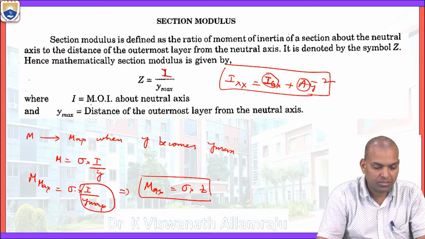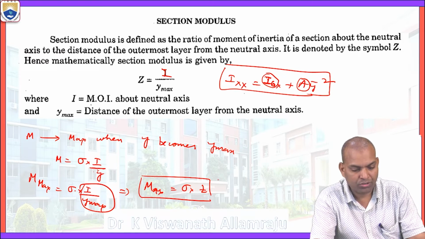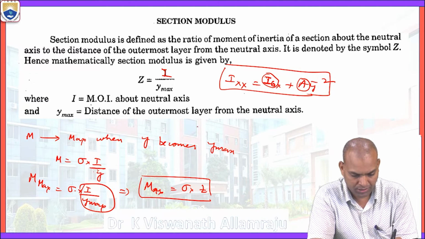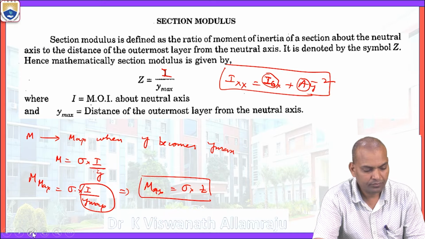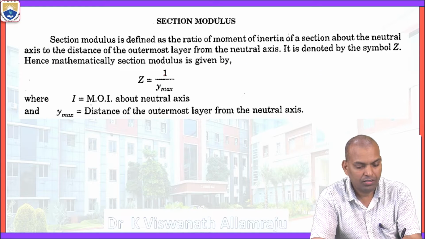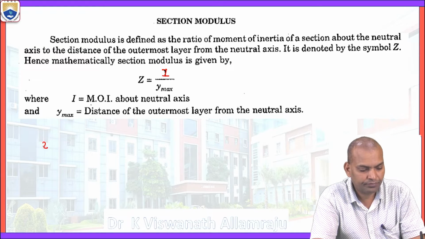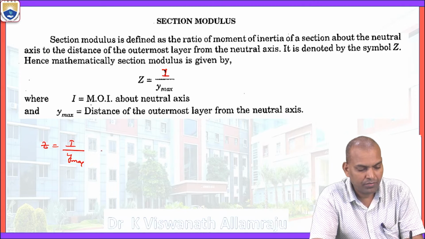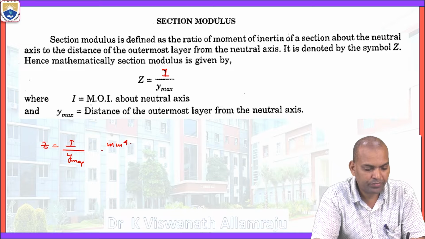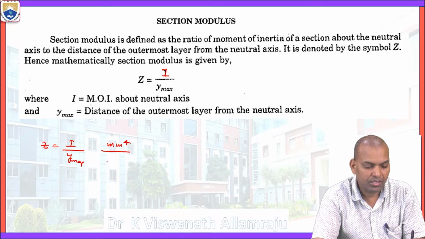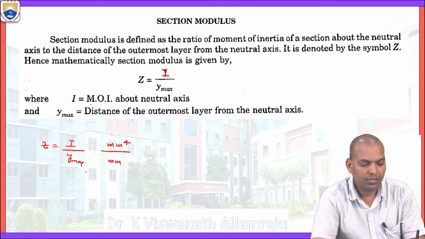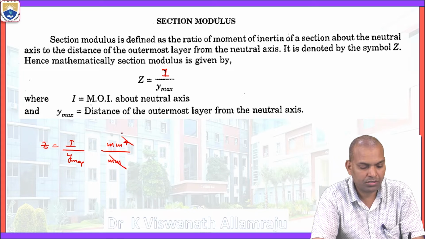So what is the unit? The unit for section modulus can be defined as I by y max, where I is in mm to the 4 and y is in millimeters. So for section modulus it is the third power.